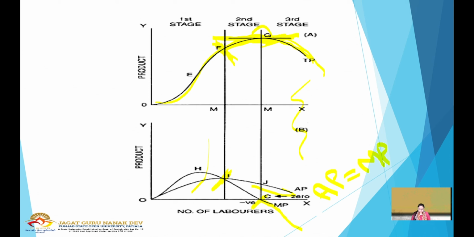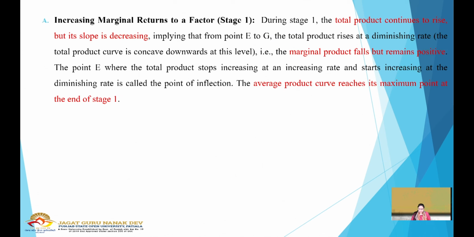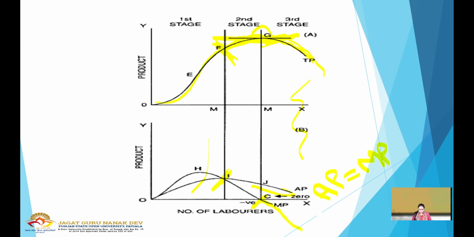So here you can say that increasing marginal returns to factor is the first stage. Where marginal product is increasing, total product is also increasing, even average product is also increasing. This is the first stage. What is happening in the second stage? Total product keeps increasing but at a decreasing rate. However, in the second stage AP and MP both are declining.